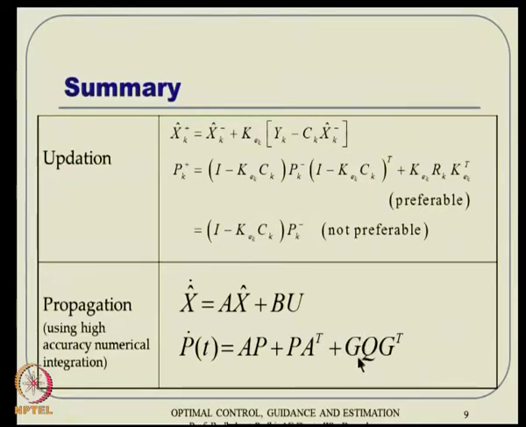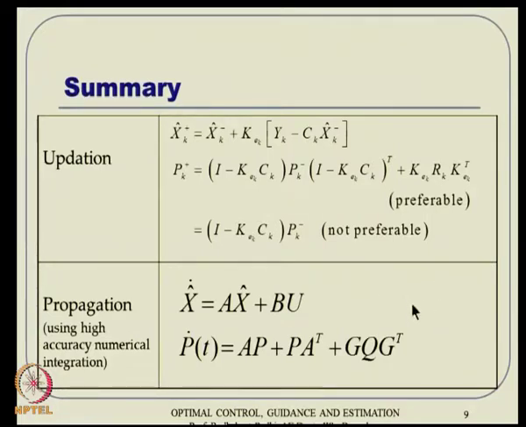But when you do this, be careful with the P dot expression. Like for an LTI continuous time system, do not use it. This additional term is not there, it stops here. P dot is AP plus PA transpose plus EQZ transpose. That one more additional term that we had in the pure continuous time derivation process, where the measurement was also assumed to be a purely continuous variable, is not there.